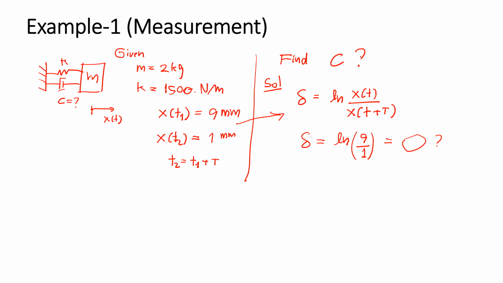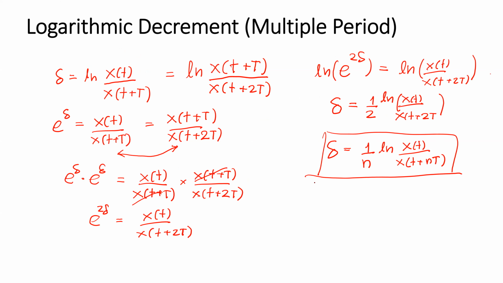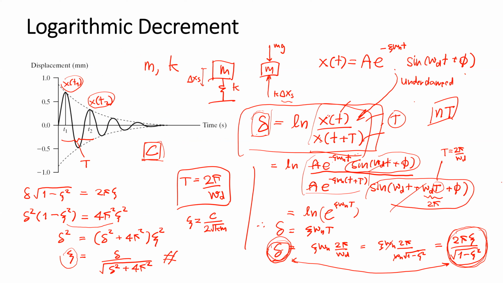As I mentioned, if we want to get to the damping coefficient, we should go to the damping ratio first. What is the damping ratio? We have the relationship between the damping ratio and the logarithmic decrement here.